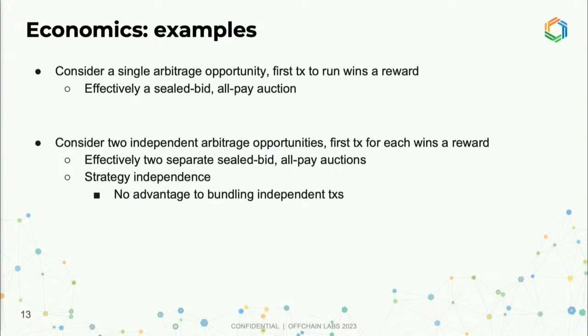The transactions aiming for A and the transactions aiming for B will be interleaved somehow in the final sorted transaction sequence. But if you're aiming at A, you don't care about the B transactions because they don't affect your ordering relative to the other A transactions. So you get that strategy independence. It just falls out from the fact that we're doing this sealed bid all-pay auction with a sort.